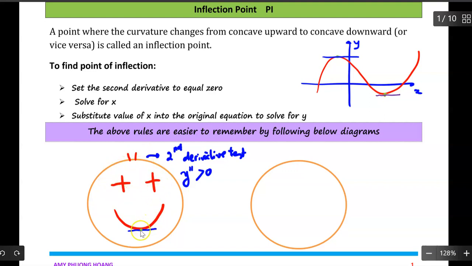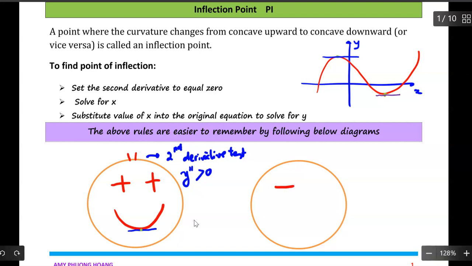Then the point that you are finding here is a minimum point. So a minimum point is when you have this curve concave up, and right at that point you have a tangent, and the tangent slope is equal to 0.